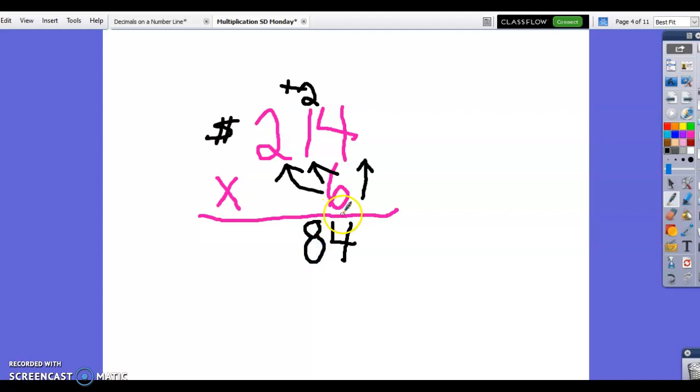Nothing is regrouped. And then we have 6 times 2, which is 12. So I would put the 2 underneath, and then if I needed to carry the 1, I would, but I don't. So I'm going to drop it down. I'm going to put my comma in and add my $ sign. So your answer is going to be $1,284.